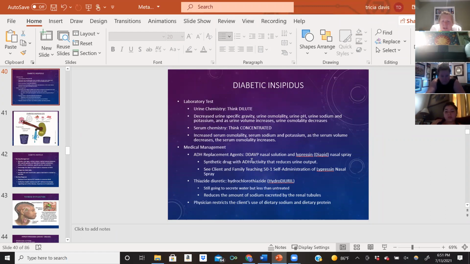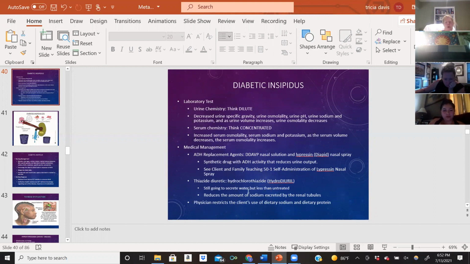You can go to table 50-1 in your book. It's going to talk about if you wanted to teach self-administration of that nasal spray to the patient and their families. We can also use a diuretic, which doesn't make sense because they're already peeing too much, but it's a thiazide diuretic. The patient is still going to secrete water, but it's going to help curtail it, and it's not going to be as much as it was if they were left untreated.